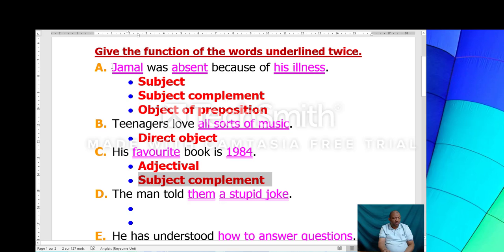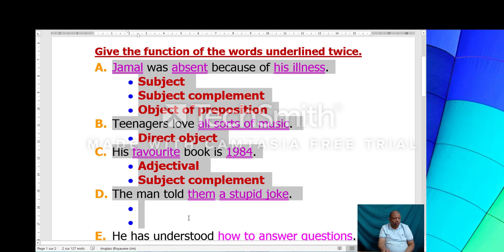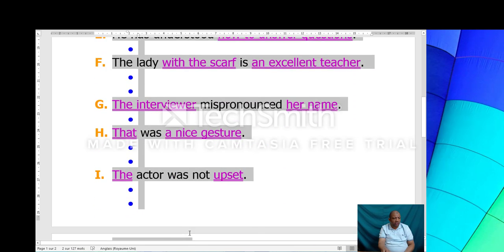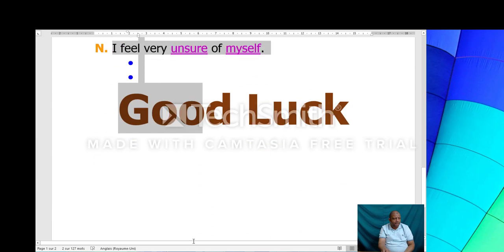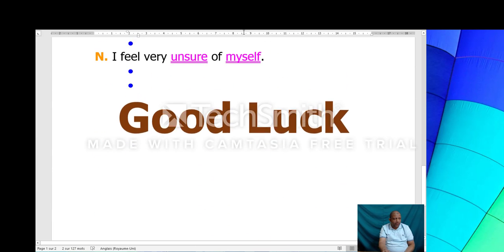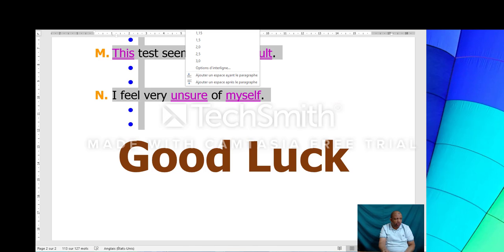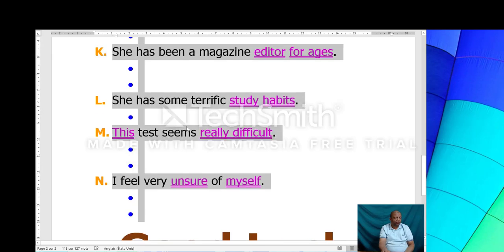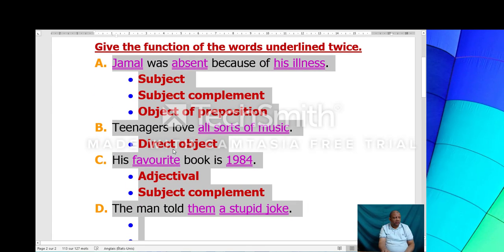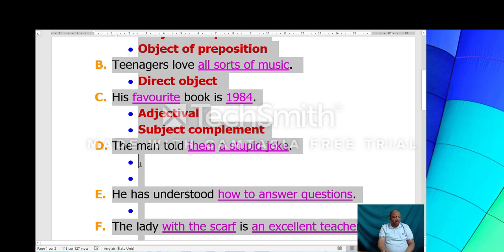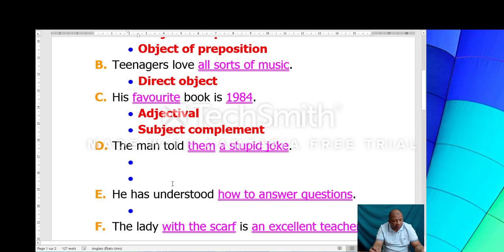The man told them a stupid joke. Them. This is indirect object, but how shall I know?